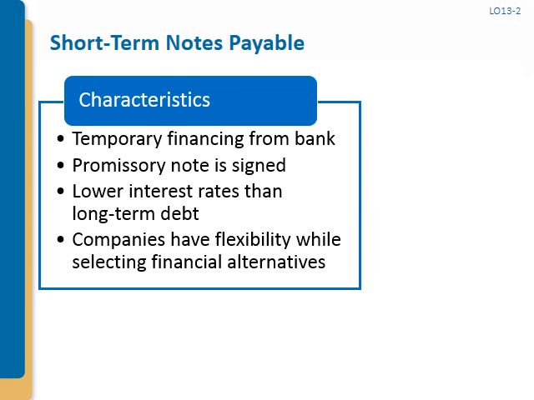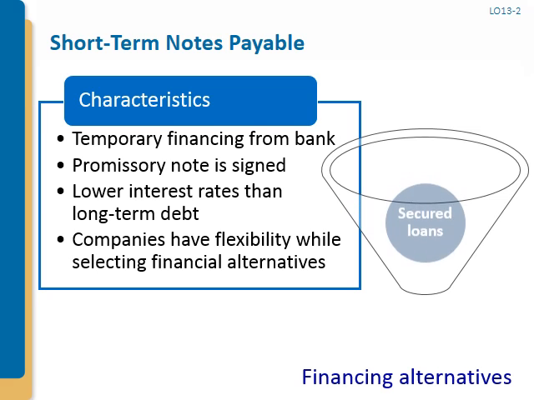The most common way for a corporation to obtain temporary financing is to arrange a short-term bank loan. When a company borrows cash from a bank and signs a promissory note, essentially an IOU, the firm's liability is reported as notes payable, sometimes bank loans or sometimes short-term borrowings.